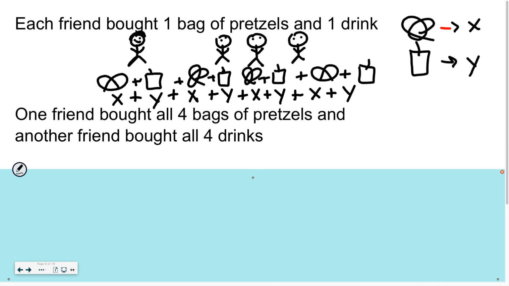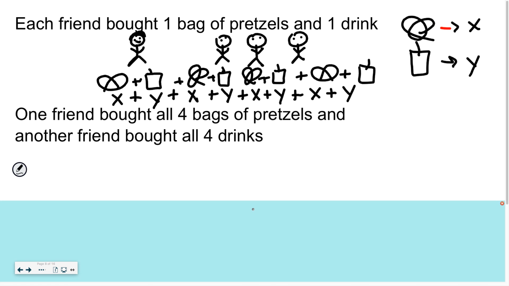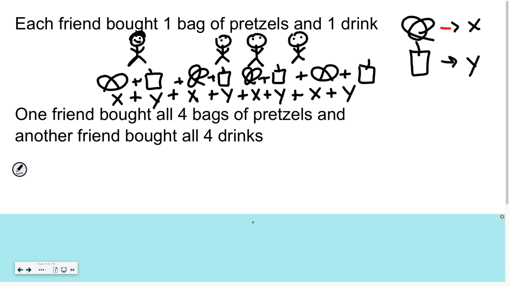Let's say Brian and I go to the movies, and we're going to bring Leslie, and we're going to bring Braulio. And I say, you know what, I'm feeling really generous, and so is Brian, so I'm going to buy all of the drinks, and Brian's going to buy all of the pretzels. So let's quickly draw me.